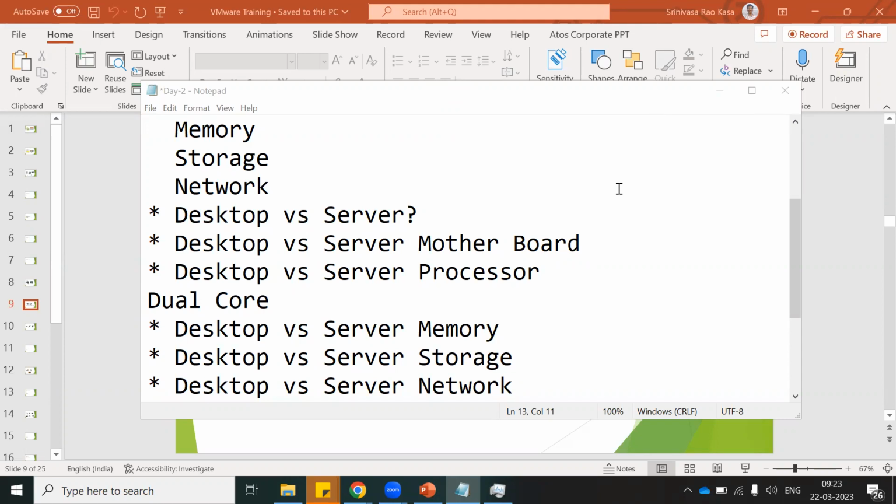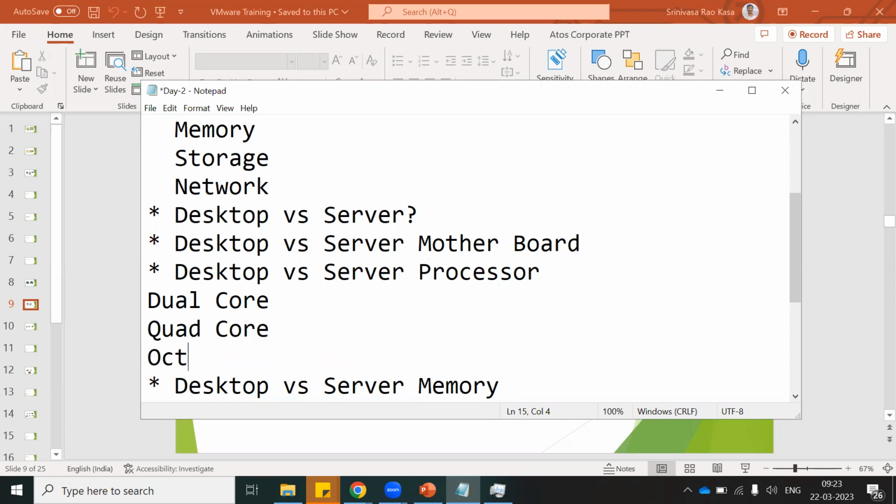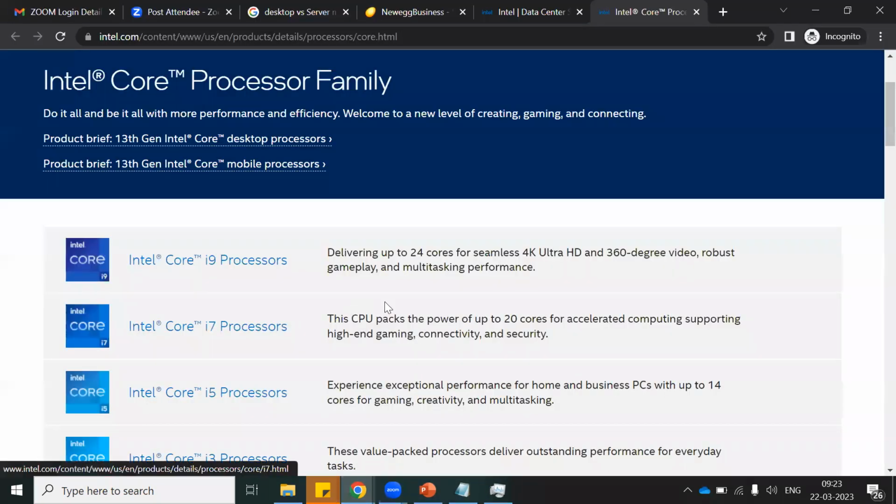See, dual core, we are going to call quad core, octa core. What does this mean? The concept is here. If you see the configuration of the specific processor, for the Core i5 processor, it is a single chip.